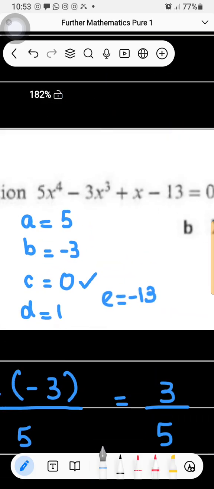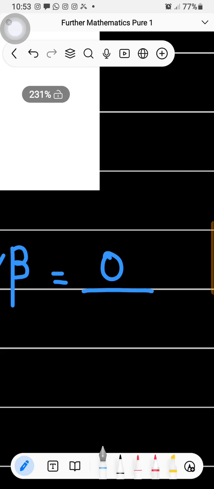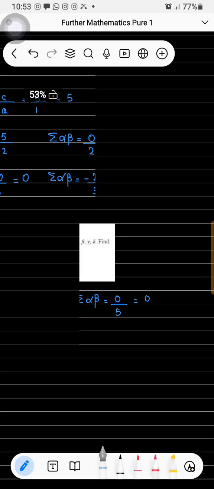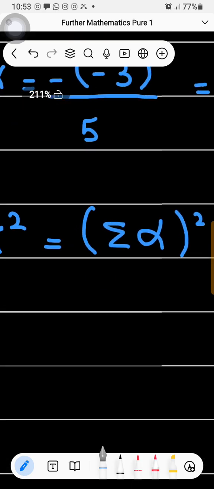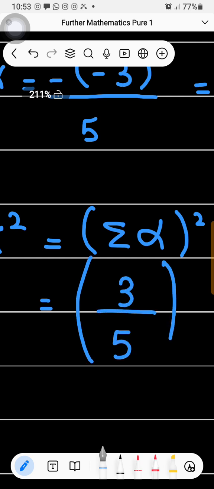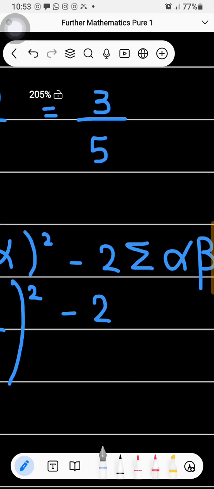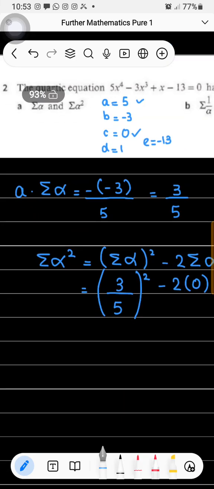C is 0 and A is 5. So 0 upon 5. It means 0. So let's insert this in the formula. Whole square of 3 upon 5 minus 2 times 0. It becomes 9 upon 25.